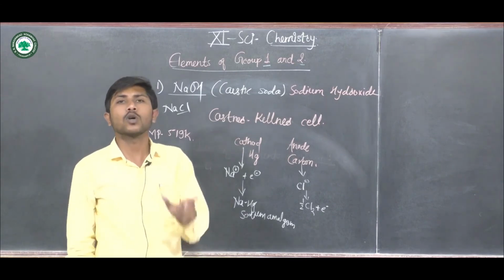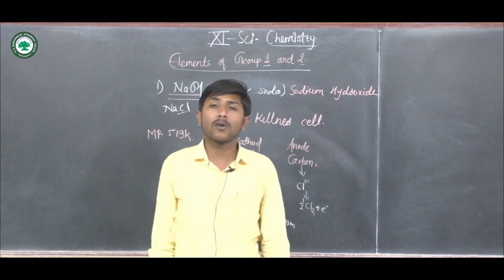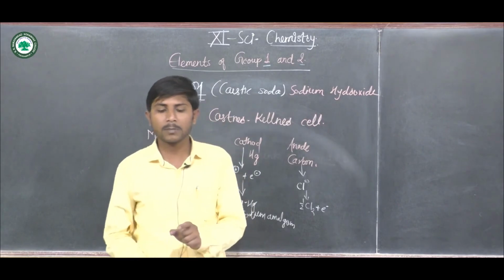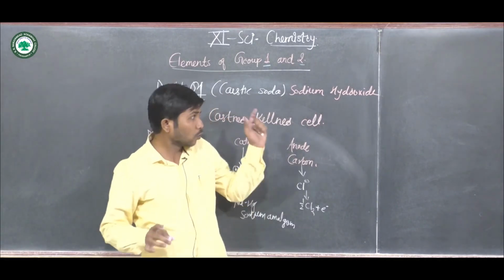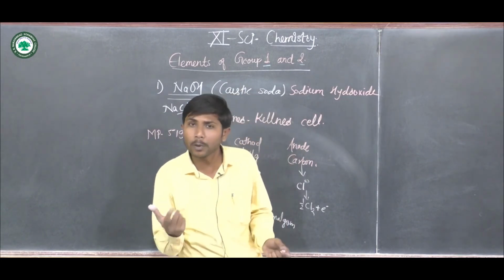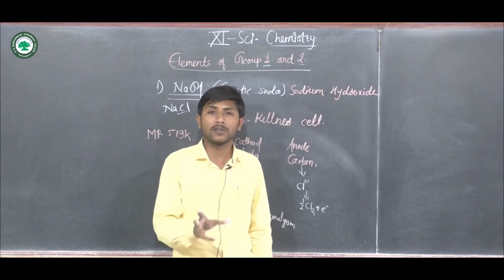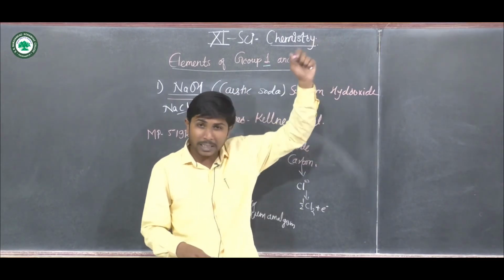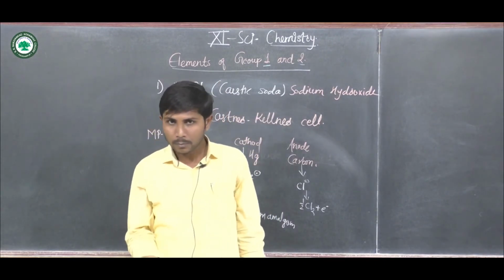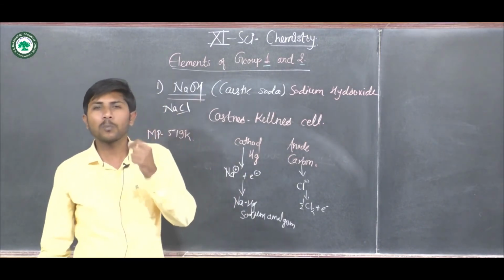The major use of sodium hydroxide is the commercial preparation of soap. It is highly soluble in water. Its surface is deliquescent: it absorbs atmospheric carbon dioxide to form sodium carbonate, and that's why it is used in soap preparation.